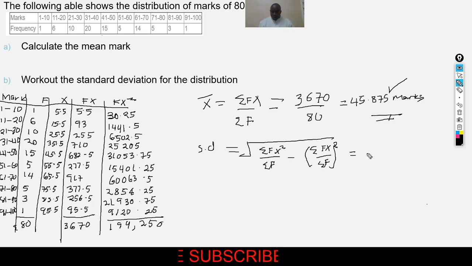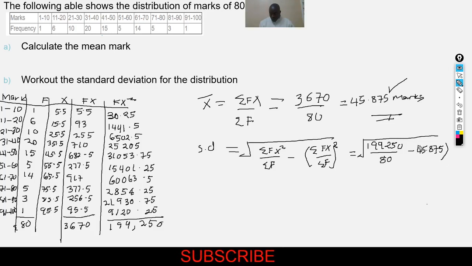So which is equal to the square root of 199,250 divided by 80, that is the mean, minus, now the mean, which is 45.875, we square it.